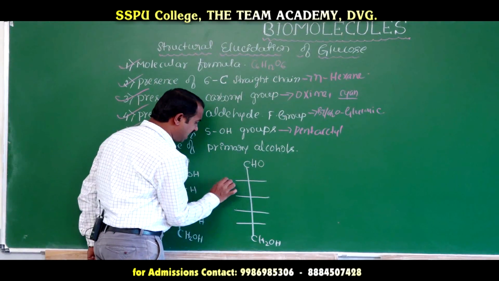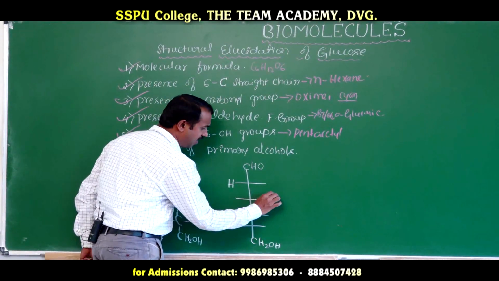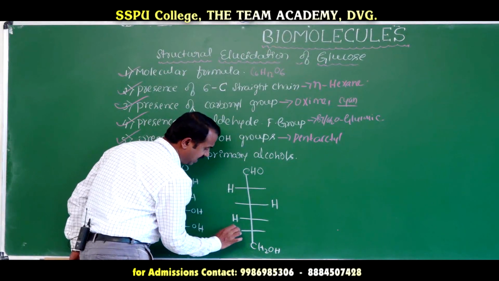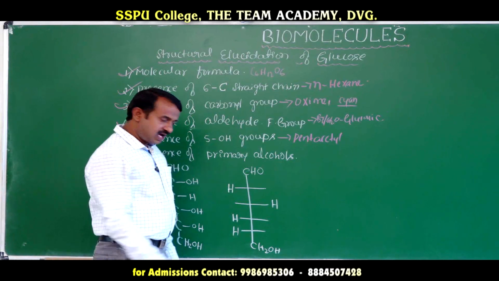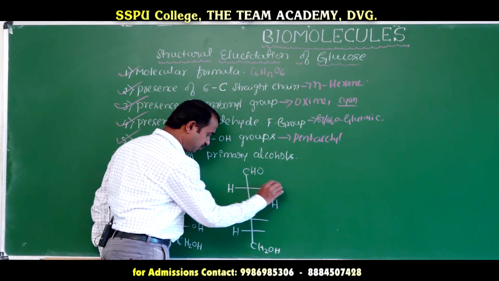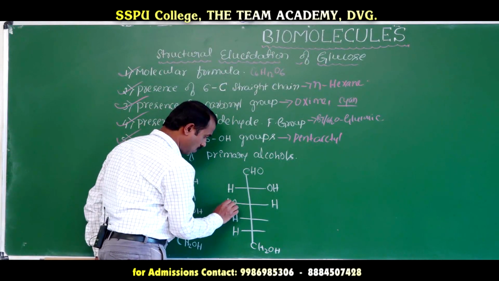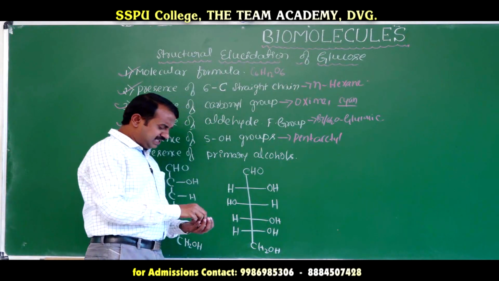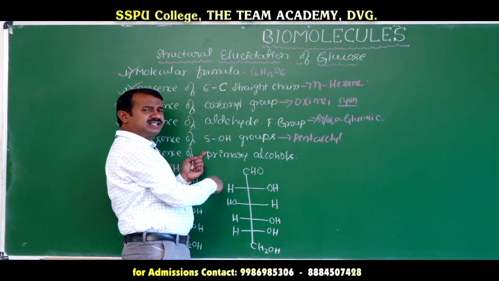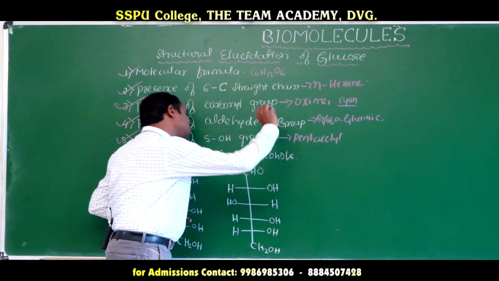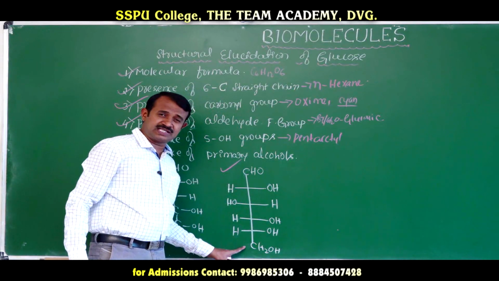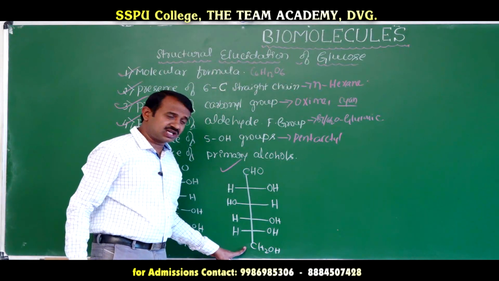The hydrogen atoms are on the left, right, left, left, and the hydroxyl groups OH, OH, OH, OH on the opposite sides. This is the bond representation. On the basis of these 5 to 6 factors, Fischer arrived at the structural formula of glucose.